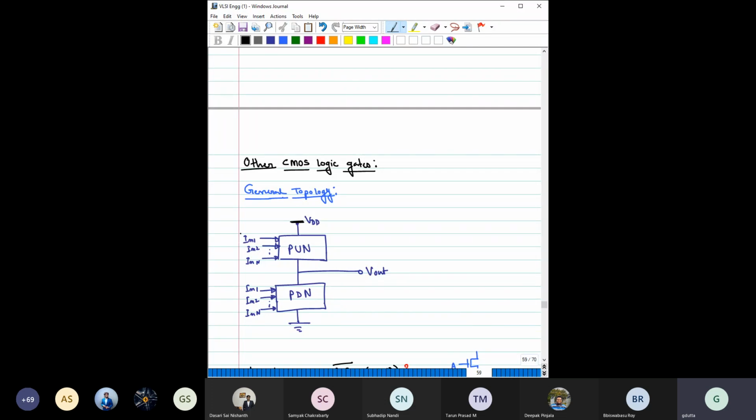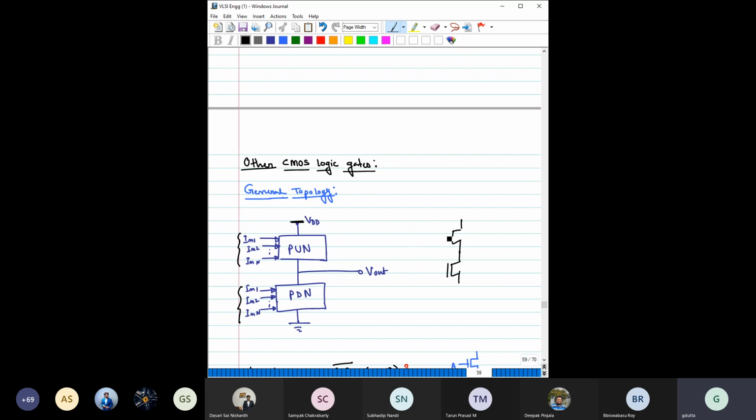Here I have shown multiple inputs because it is a general topology, but for the inverter, you know that there is only one input.